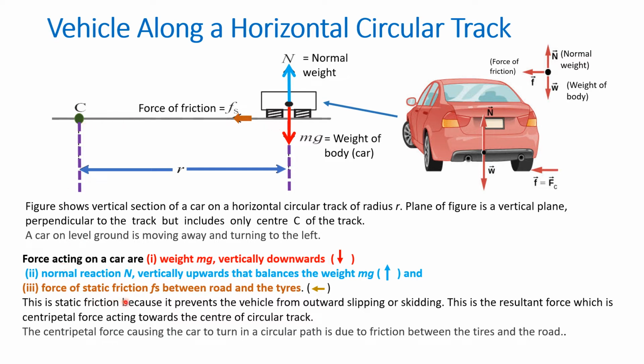This force of friction prevents the vehicle from outward slipping or skidding, and this is the resultant force, the centripetal force, acting towards the center of the circular track. This centripetal force causes the car to turn in a circular path due to the friction between the tire and the road.